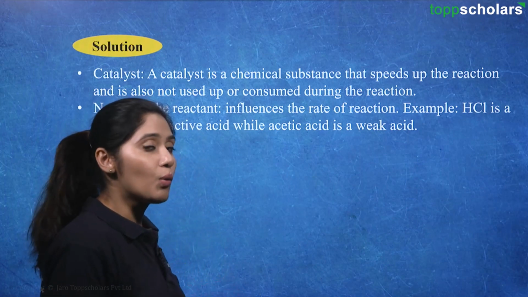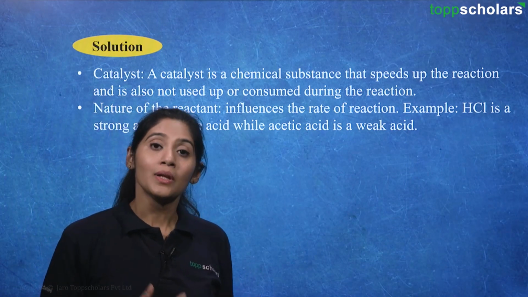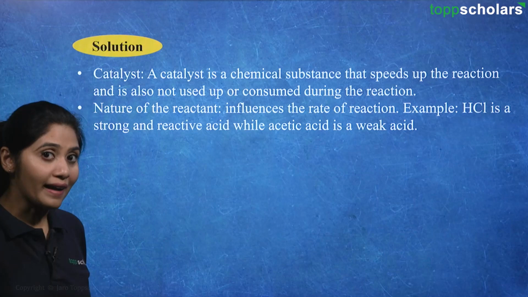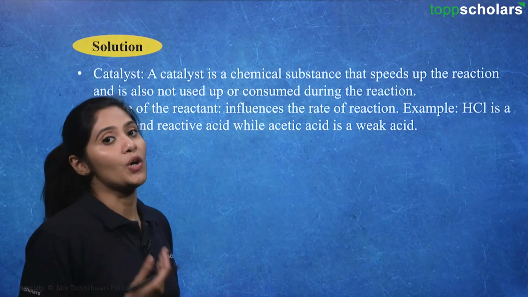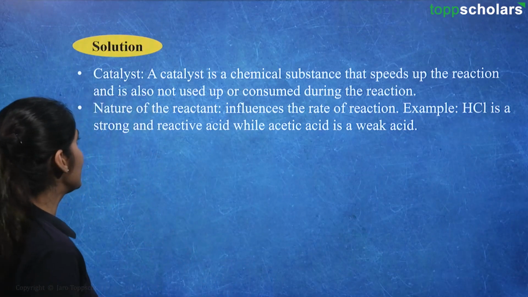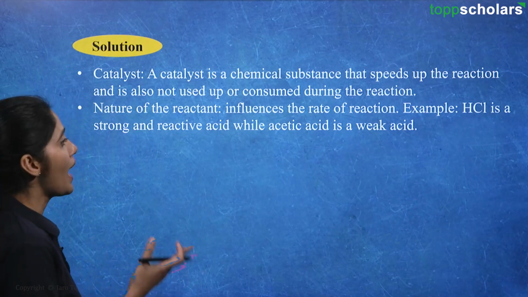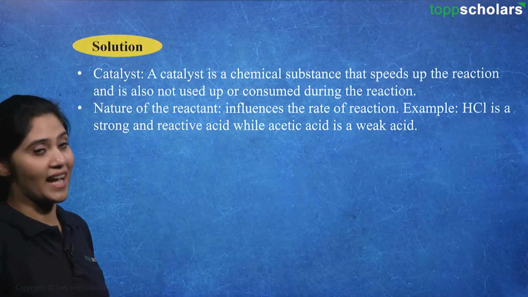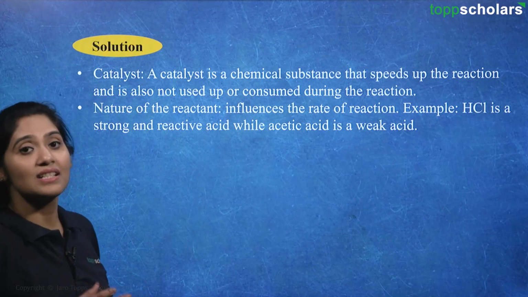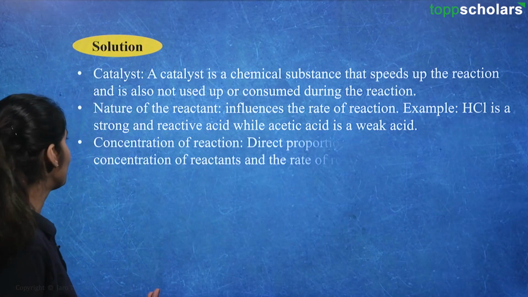If it requires a lot more energy as well, in that case also it affects the rate of reaction. So the second point is the nature of the reactant. HCl is very strong and reactive, whereas acetic acid is a weak acid and less reactive.